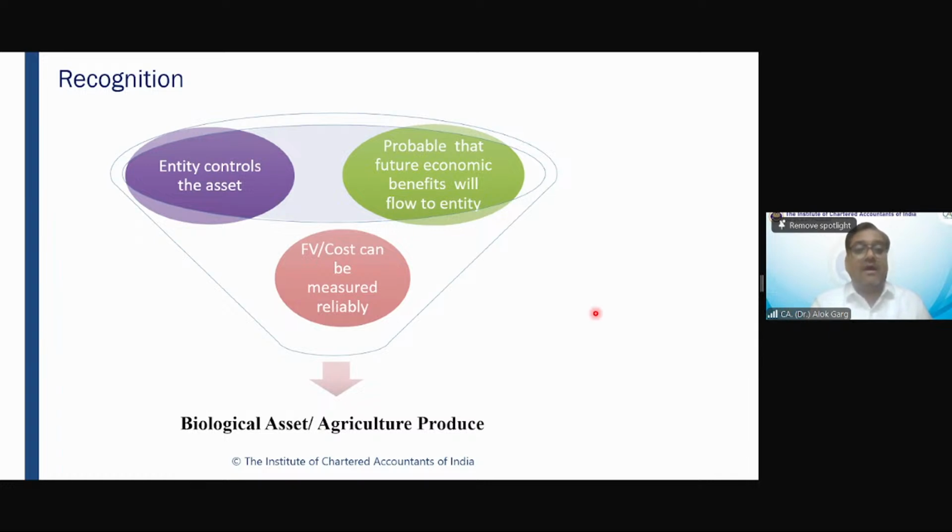So you would have control over your mango tree, but this mango tree doesn't belong to you. While you are getting the economic benefit, you are enjoying the fruits, it is not within your control, and hence you are not required to recognize this agriculture produce. Just pluck the mango and enjoy the mango. It is not covered under Ind AS 41.